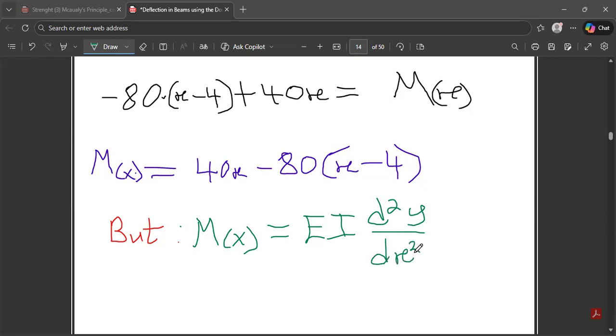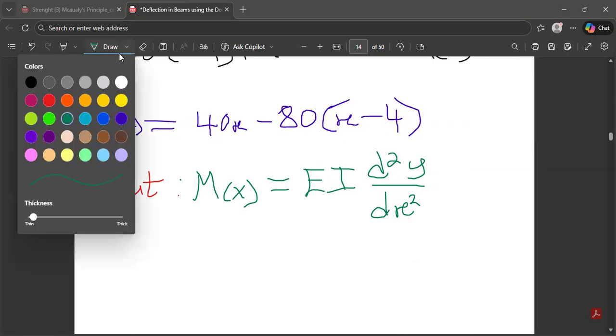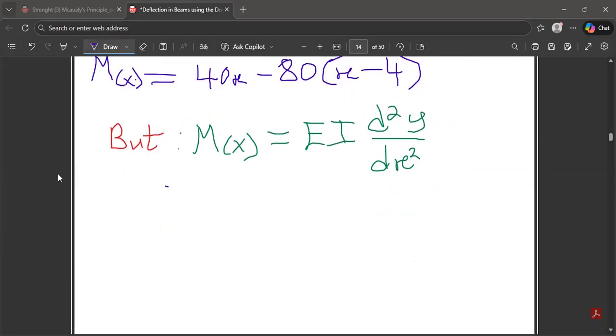I hope you all agree with me. Yes. So if this is equal to this, then anywhere we see our Mx, we can put this over there. Because I don't want to confuse you much, I'm still going to repeat the same thing again for you to see. But in our next examples, I'm going to be jumping a whole lot of steps because I assume everything has been watched.